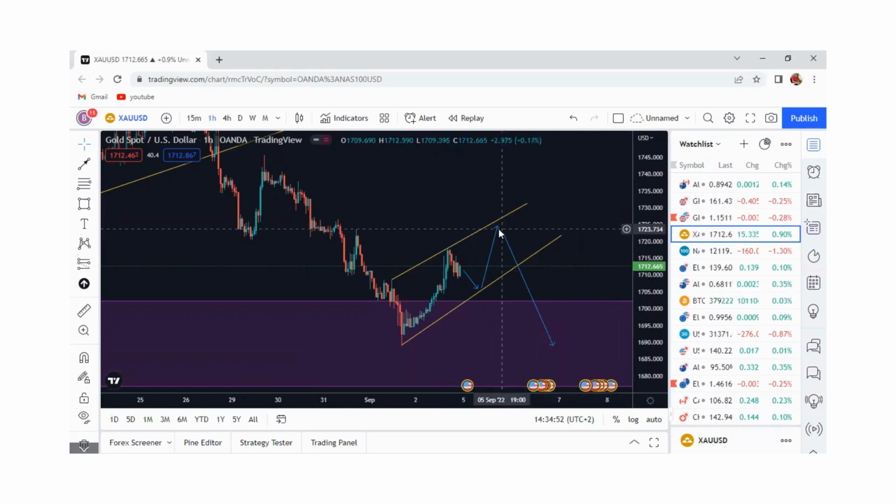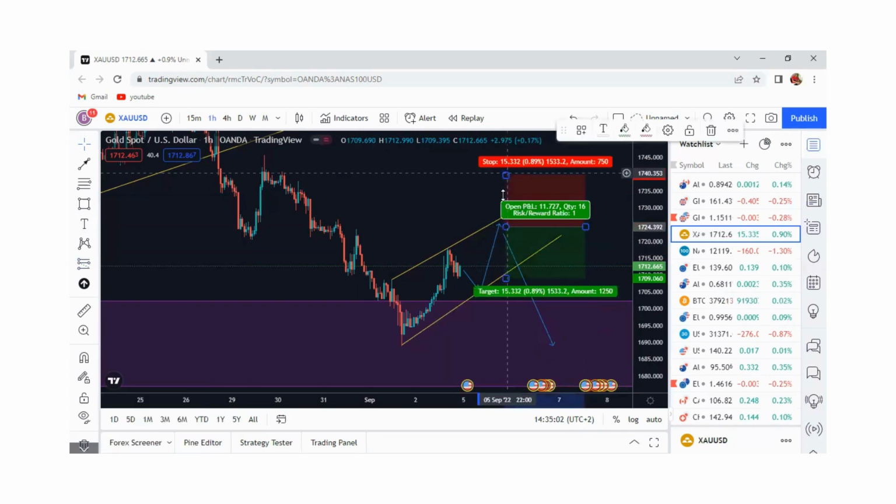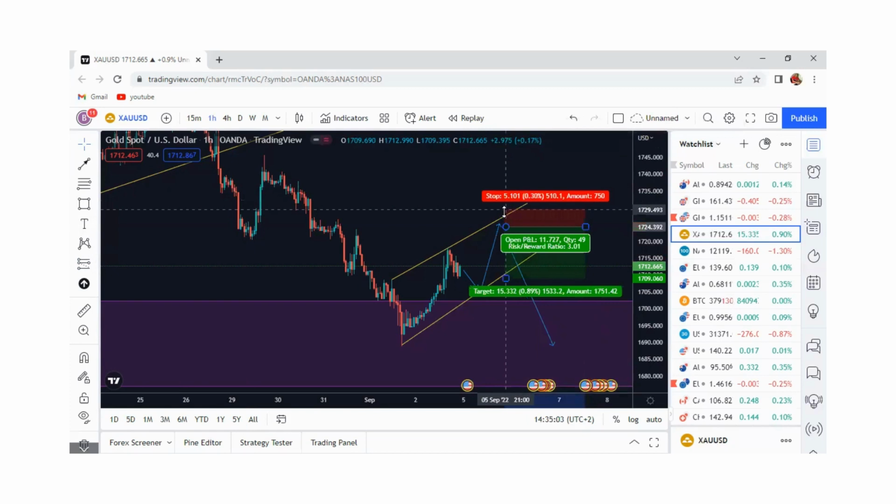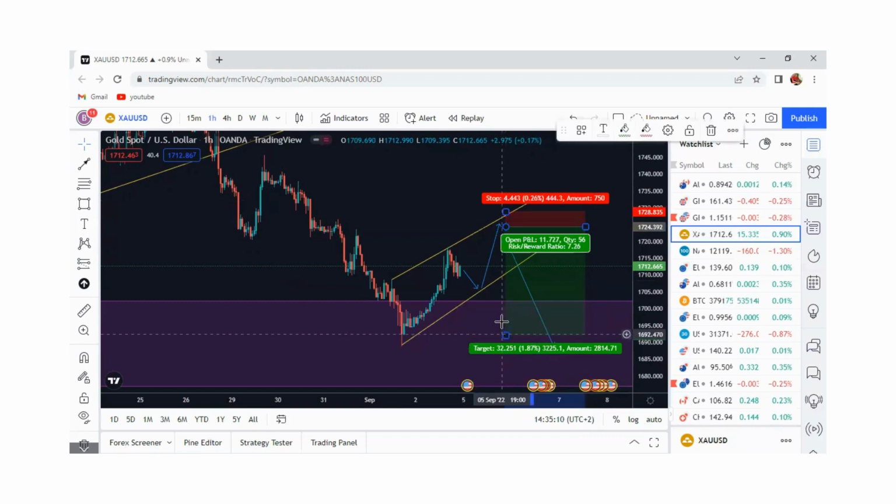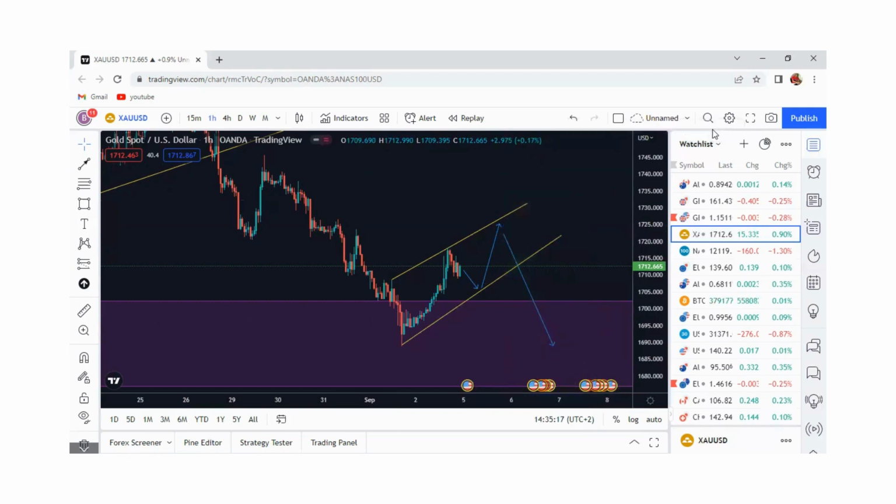Or we can get a risk entry. Let's just see. Definitely here. So you make a lot of profit if you get a chance to get in with the risk entry. Just check with the risk entry. The risk ratio is 1:7.